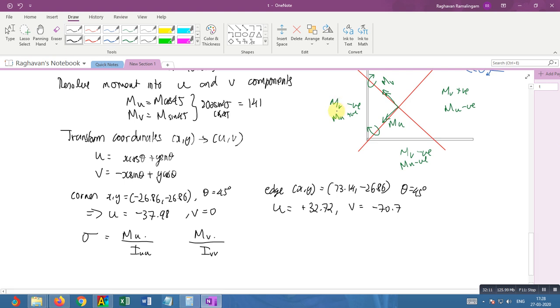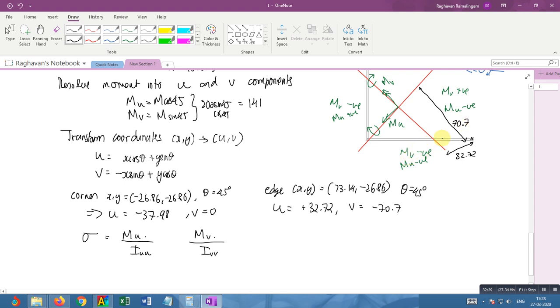Say this point. For this point I found u is 32.72, which means this point is 32.72 from here, and it's also from the v-axis, minus 70.7, but when you talk in terms of distance, you don't use the sign.